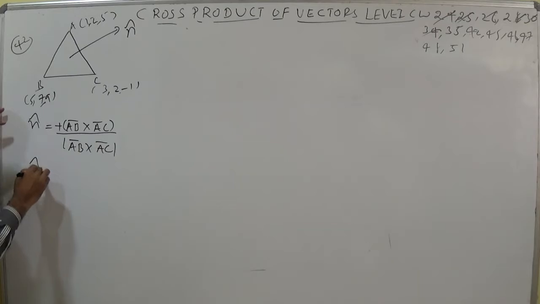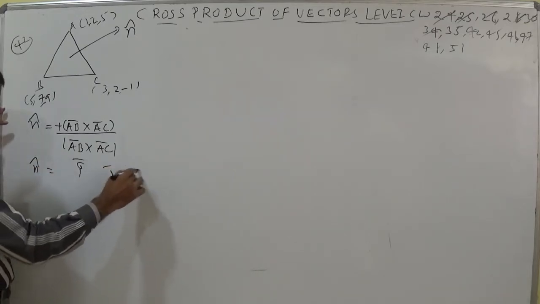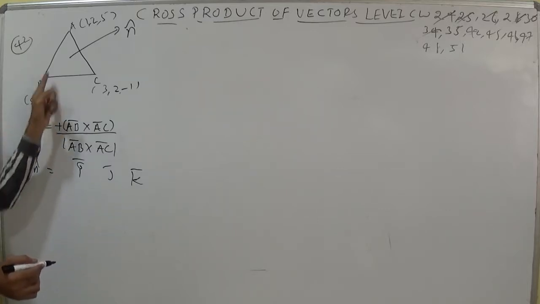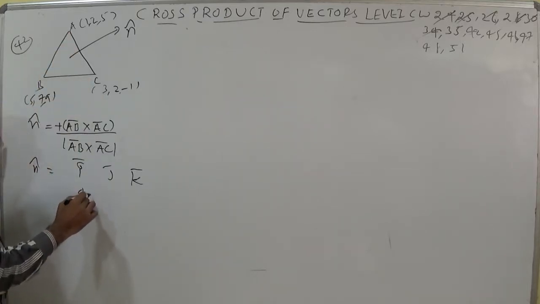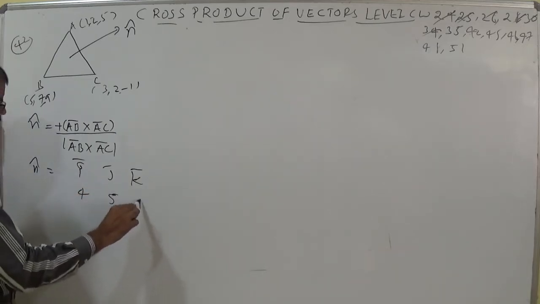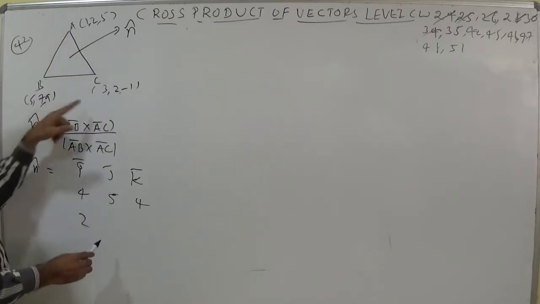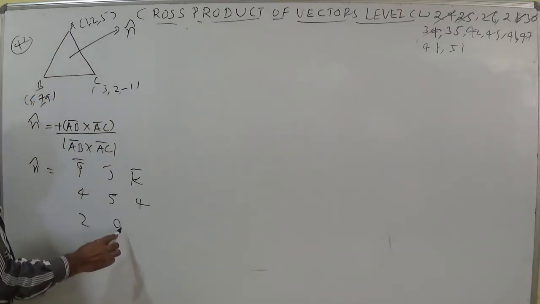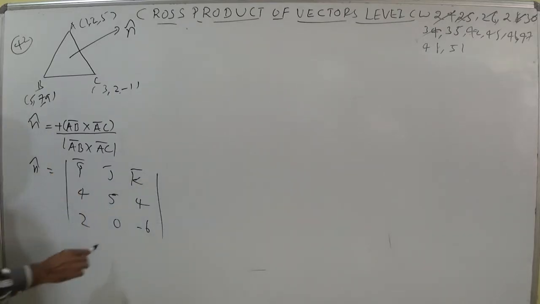Now N cap is the unit normal vector. You can put i, j, k. AB, by the position vector concept, is OB minus OA: 5 minus 1 is 4, 7 minus 2 is 5, and 9 minus 5 is 4. And AC is OC minus OA: 2, 2 minus 2 becomes 0, and minus 1 minus 5 is minus 6.